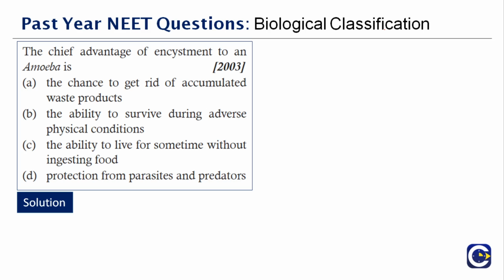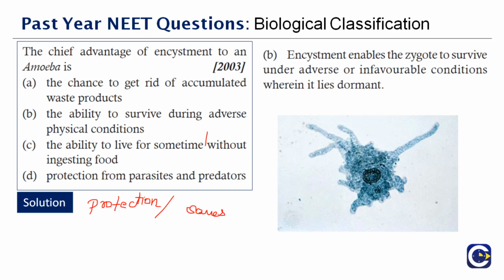Encystment enables the zygote to survive under adverse or unfavorable conditions, thereby helping the survival of the organism. So what is encystment? It is a protection for the organism, and it saves it from adverse conditions. Therefore the correct answer to this question is option B.